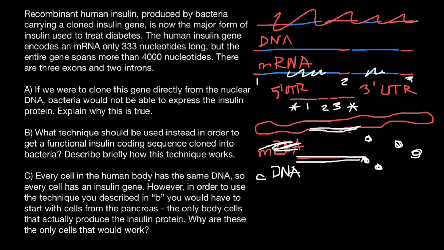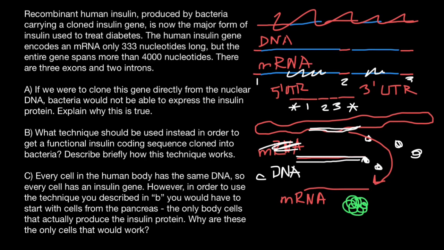When this fragment of double-stranded DNA, this gene which we inserted in the bacterial genome, is expressed, messenger RNA would be made, but this is going to be a short version of the messenger RNA which doesn't have introns. And bacteria would be able to express this messenger RNA and make the correct form of the protein. In our case, this is going to be insulin.